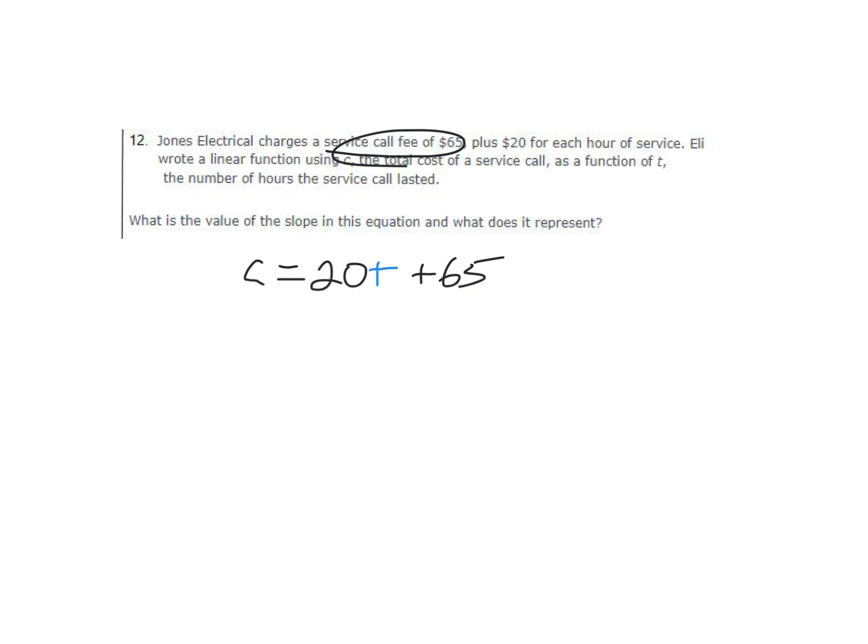And again, if we were to describe what is the value of the slope, well, the slope is 20, and it represents the charge per hour of service, or the rate of change. If there were no hours, it would just be 65 for showing up. But after 1 hour, it would change by $20, and it would be 85, and so on. All right.